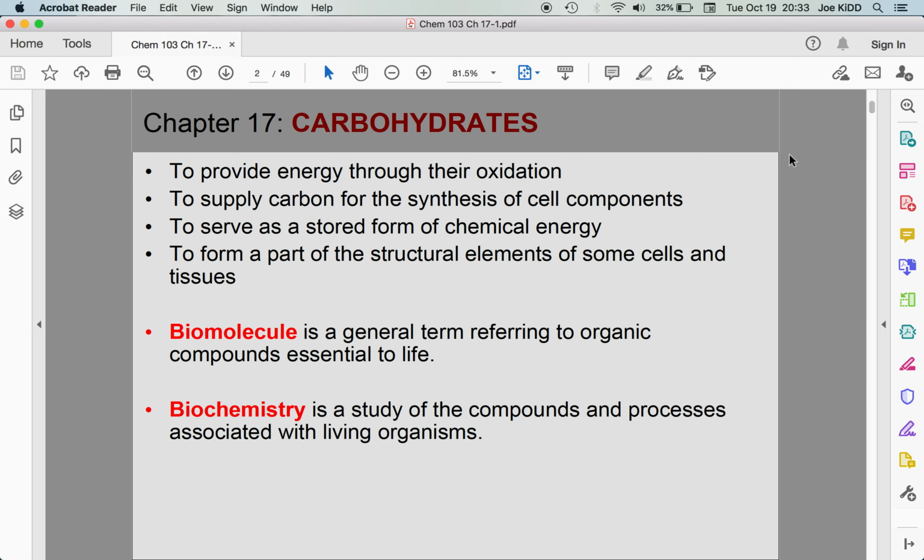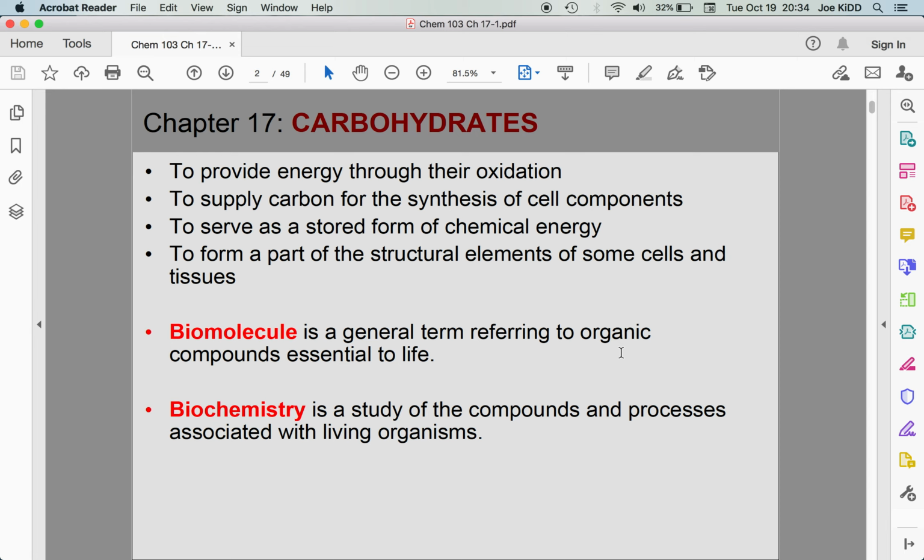They supply carbon for the synthesis of cell components, cell walls, things like that. They serve to store chemical energy. So again, before they are oxidized, the energy that the oxidation process releases is stored in them.